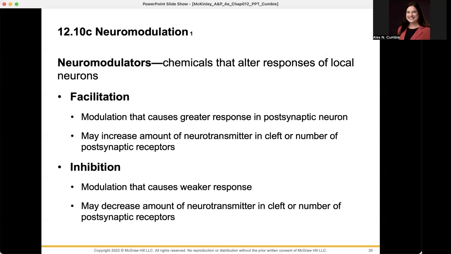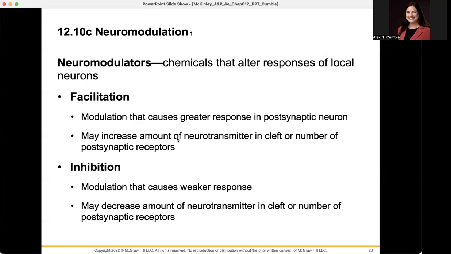There are other things other than neurotransmitters, like neuromodulators. These are different chemicals that may act similar to neurotransmitters and alter the responses of the neurons. Two ways that they can do this are facilitation or inhibition. Some neuromodulators create a greater response to a neurotransmitter by the neuron. They do this by facilitating it.